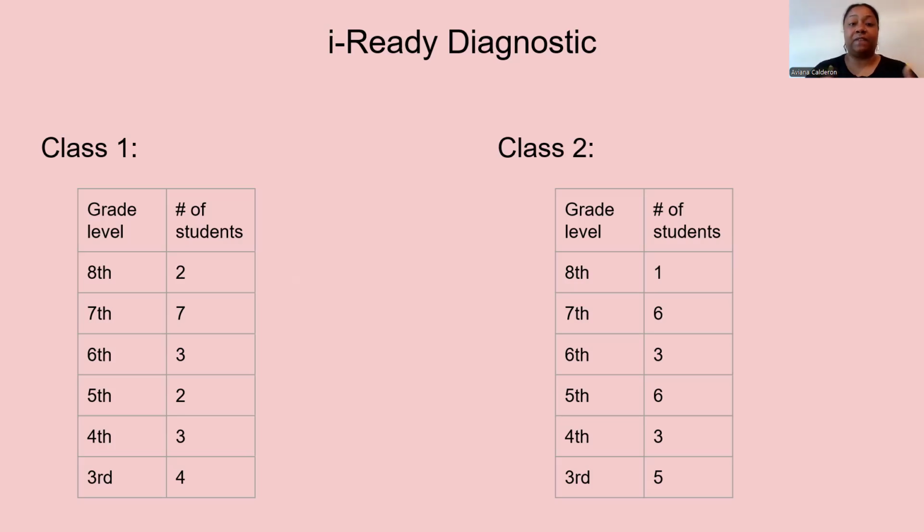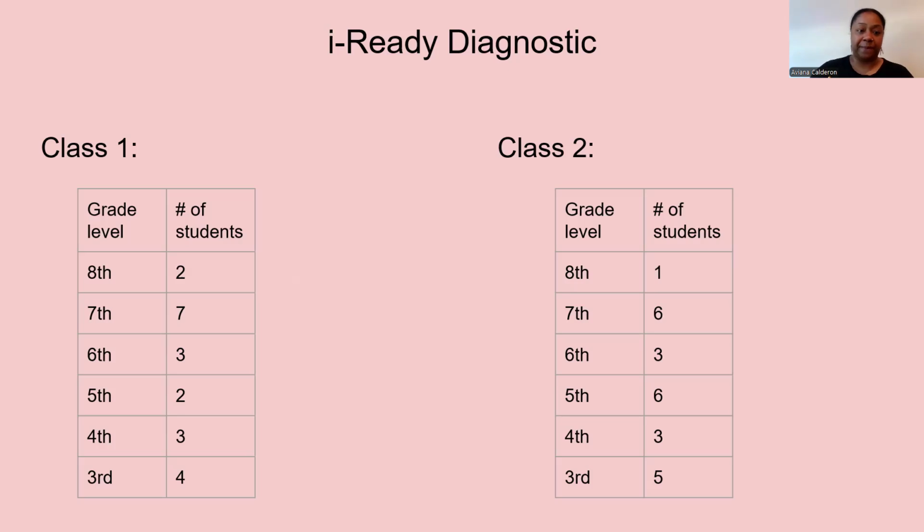So instead of giving a pretest, I just used our iReady diagnostic to give a sense of the levels in the 2 classes that I conducted my study for. The iReady diagnostic is what you would refer to as your benchmark. It just gives students a variety of questions, and then at the end it allows you to see which grade level they are performing on.